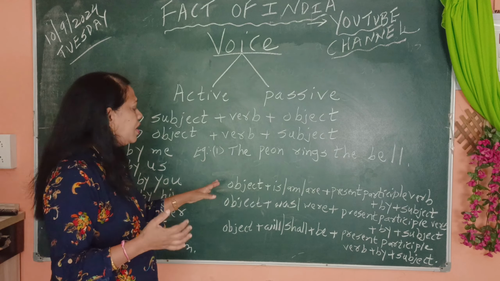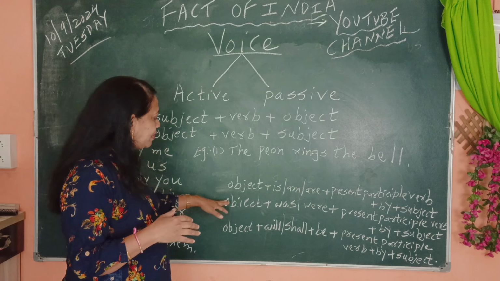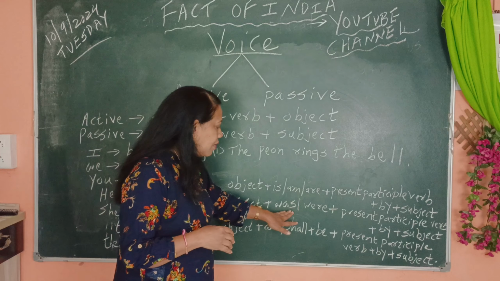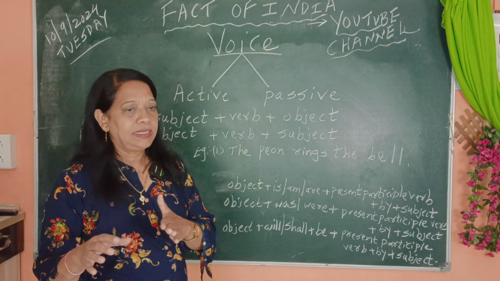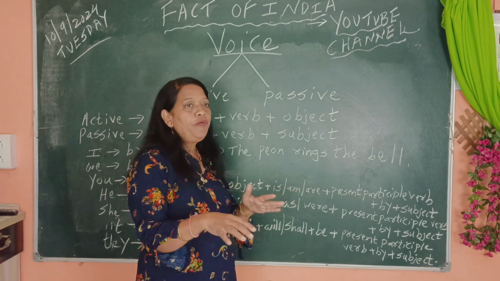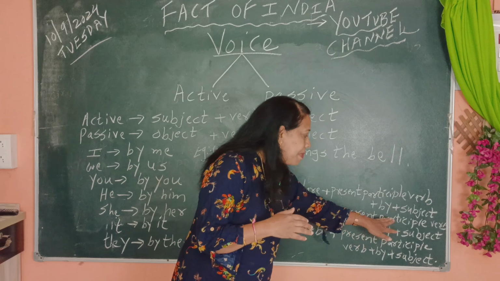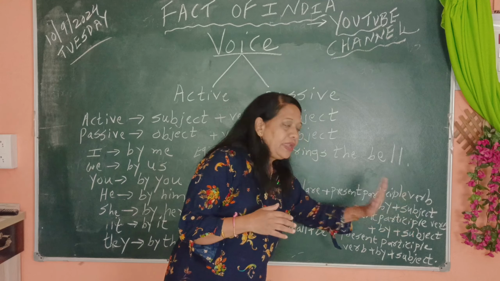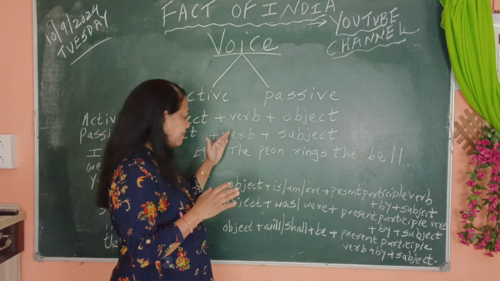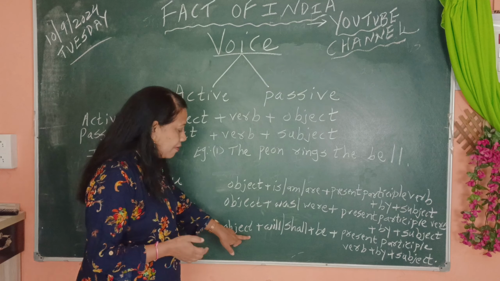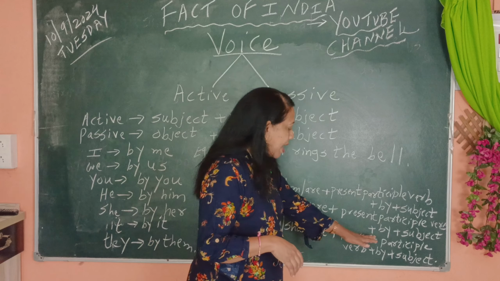Okay, then after present tense comes the past tense. According to the object, if the object is I, he, she, it, we use was. And if the object is we, you and they, we use were in past tense narration when converting into passive from active voice. After was or were, you have to use the past participle and then by and the subject.